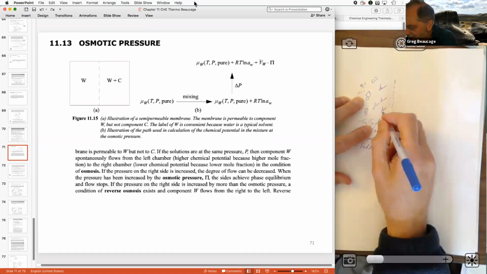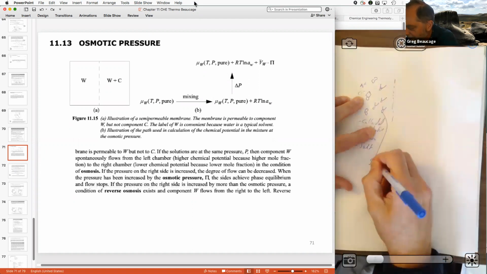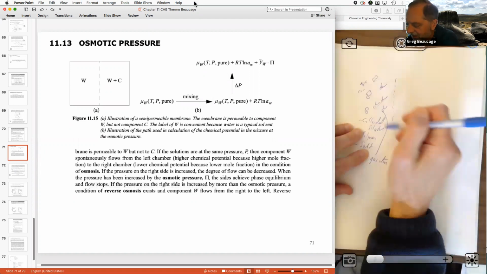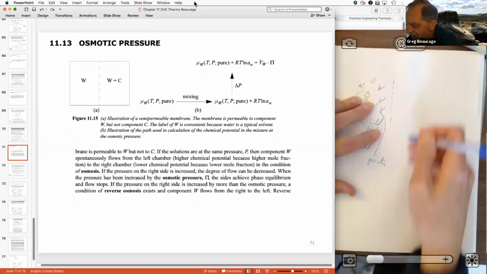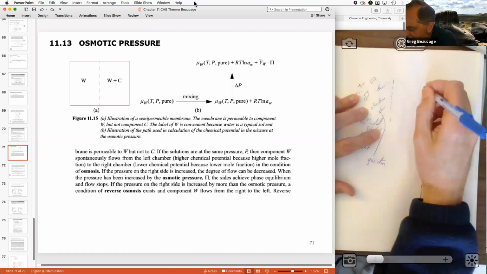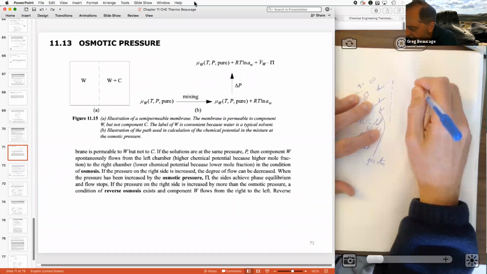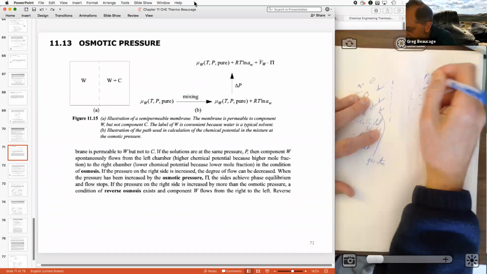You're going to call it a gas atom. And then you're going to forget about the solvent. So in that case, you just have a bunch of gas atoms, and each one of them is moving around with kT energy. So they exert a kind of pressure, which is called the osmotic pressure.